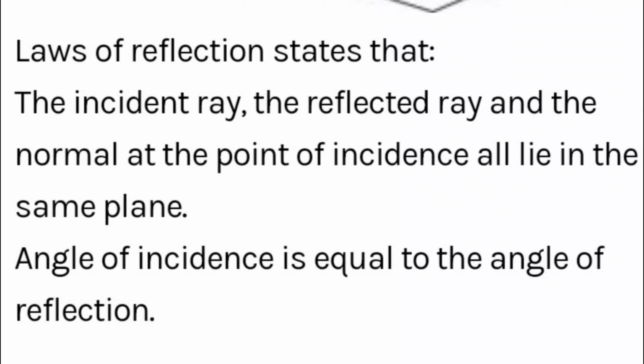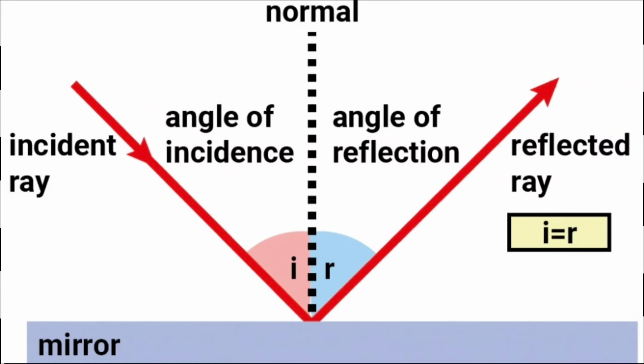And at the point where the incident ray falls, if we draw a normal, meaning the line which makes a 90 degree angle with the striking surface, that line is called the normal. So these three things, the incident ray, the reflected ray, and the normal at the point of incidence, all lie in the same plane.